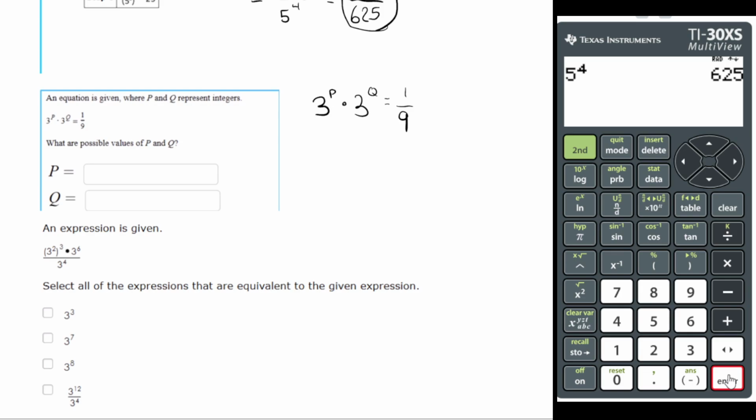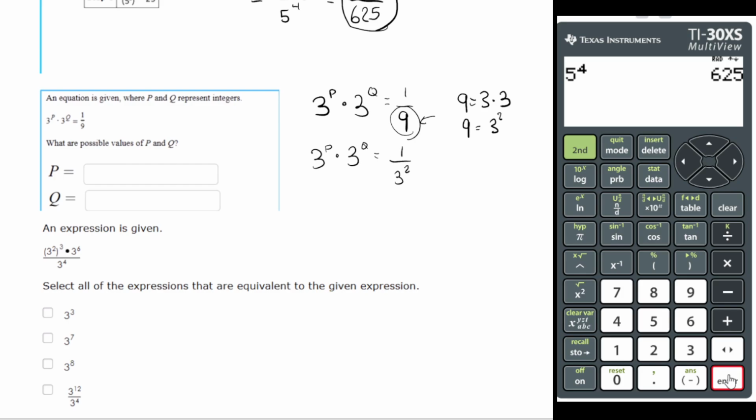So, let's think about what we have to do to get here. First thing we have to do is make this 9 into a 3, so it matches the base. How do we do that? Well, 9 is equal to 3 times 3, so 9 would therefore be equal to 3 squared. So let's replace that now. 3 to the p times 3 to the q equals 1 over 3 squared.